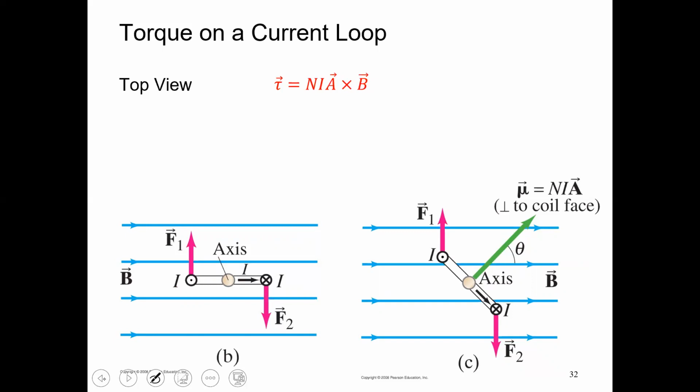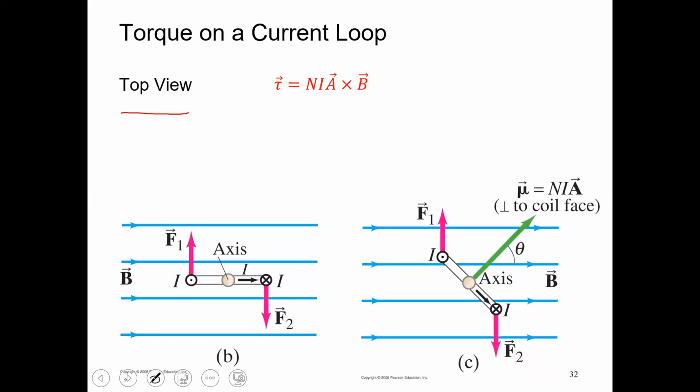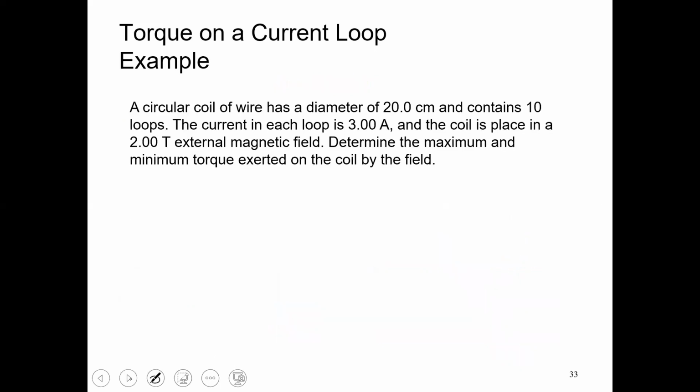So here's a top view of what you would be seeing of this thing on the previous page, right? Where you're seeing that axis of rotation, that lever arm that I described with a B/2, right, and all that good stuff. So let's do an example of that because that's probably more useful to you guys.